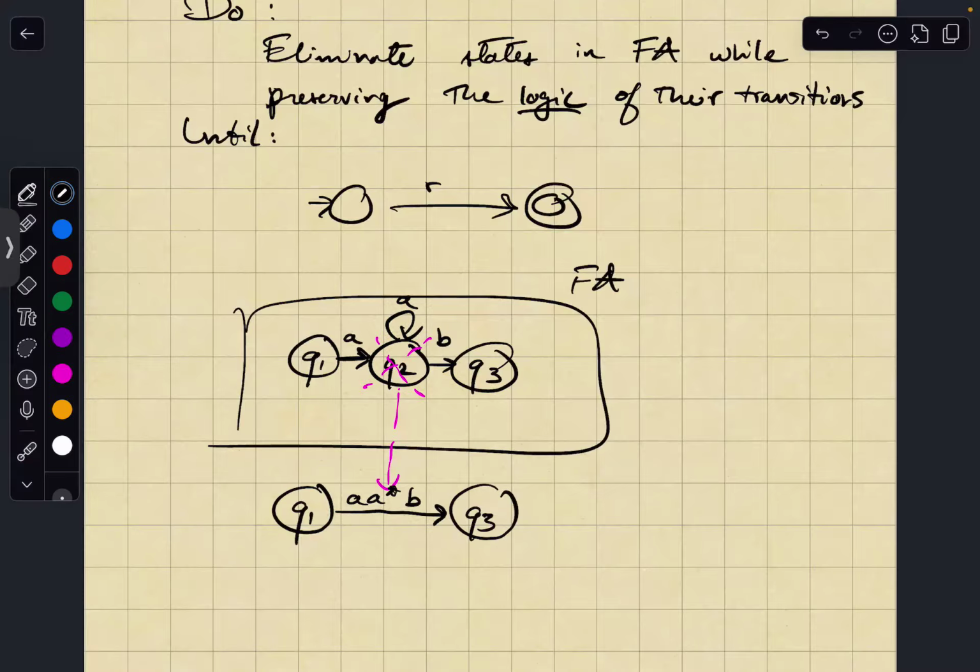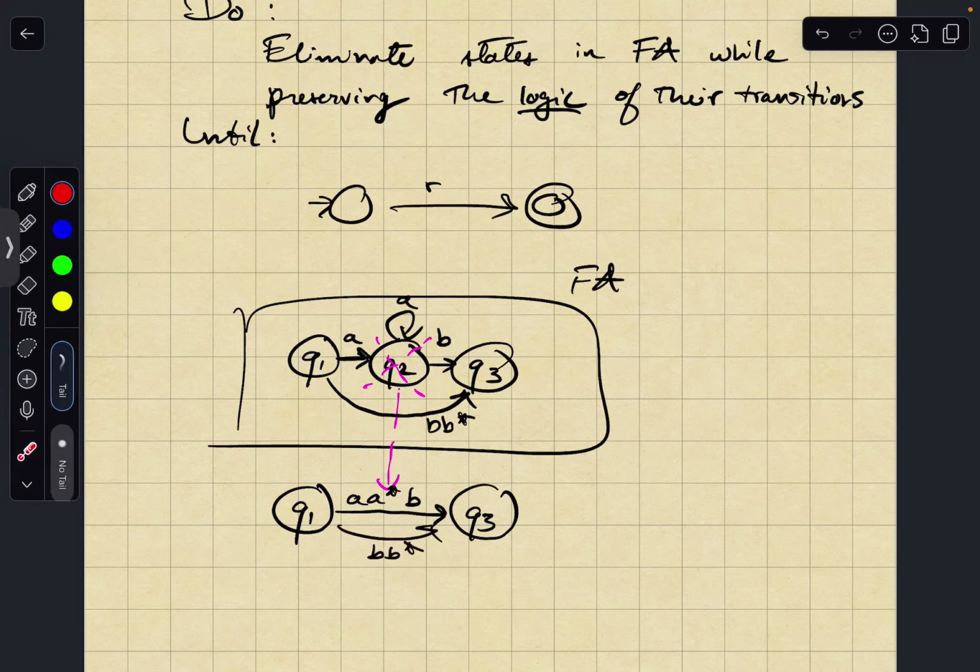If, for instance, in my original FA I had a direct connection from Q1 to Q3 with, I don't know, BB star, maybe because I had eliminated something else before, then I can go from Q1 to Q3 with BB star, and now I can also do it by reading A star B. So I can do either or.